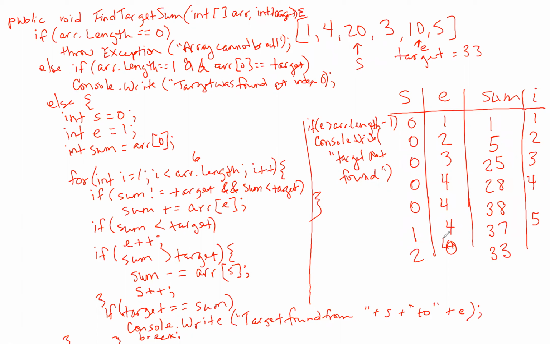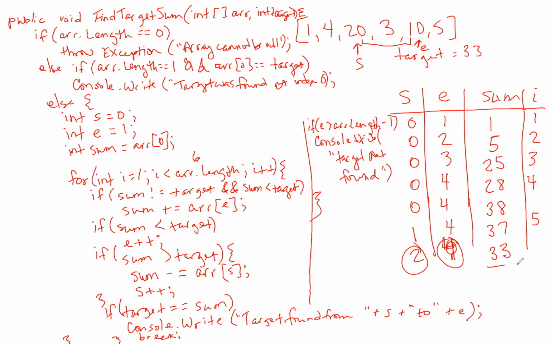And oops, E was 4, not 0. Okay, so we go down, if target equals sum. So yes, target does equal sum of 33. So we console.write the target is found between 2 and 4, which is exactly what we expected, between 20 and 10. And that does equal 33.